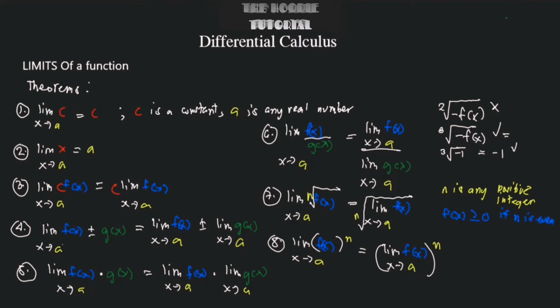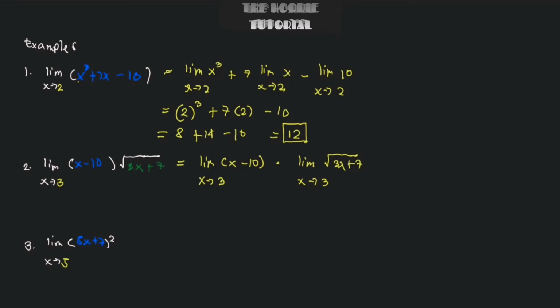Let's go back right here, this one. So we just need to evaluate the limit of each term. Therefore this is the limit of x as x approaches 3 minus the limit of 10 as x approaches 3, and then we are going to multiply it by this one.